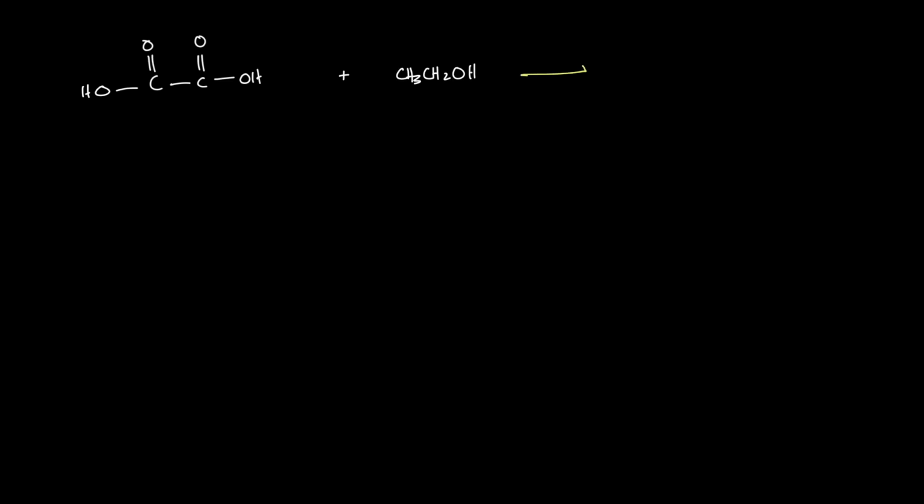That's my catalyst. And I heat around 60 degrees Celsius. So heat mildly. Now how many ester linkages will form here? How many ethanol molecules will react with this guy? 2, right? For every 1 molecule of this, I'm going to need 2 ethanols.